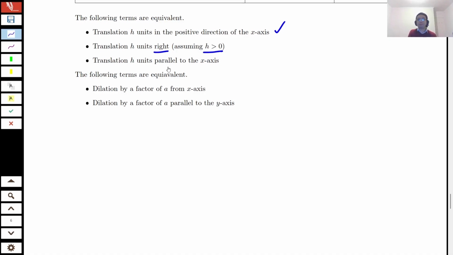Now, another way to specify a translation is parallel to the x-axis. Here, I haven't said positive direction because the x-axis has a convention where values to the right are increasing.